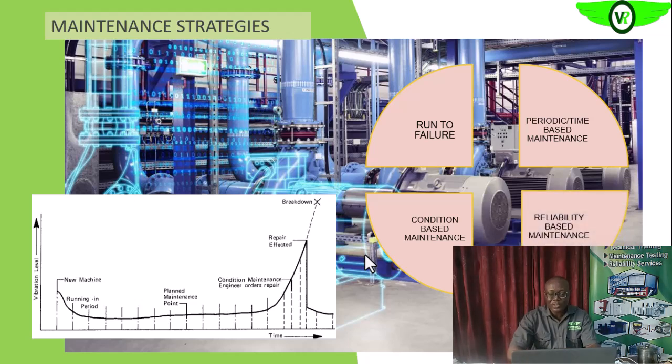So beyond condition monitoring, we have another form of maintenance program or strategy that is the reliability based maintenance program, as you can see on your screen. With the reliability based maintenance program, you look at the level of reliability you want, and then look at how you can achieve that on all of the components in the system, which means that you are looking at the system holistically.